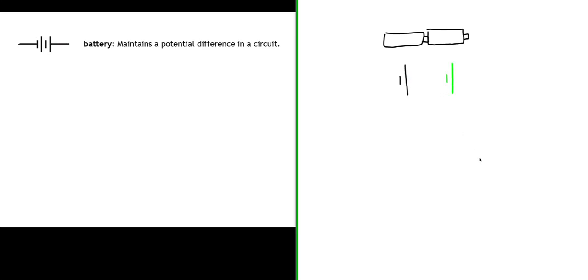Now we could connect these two directly end to end. We could put a wire in between them, but when representing them in a circuit, we just put those two together just like this. And that represents our double battery system. We could even add a third battery, and that would just be another set of unequal parallel lines.